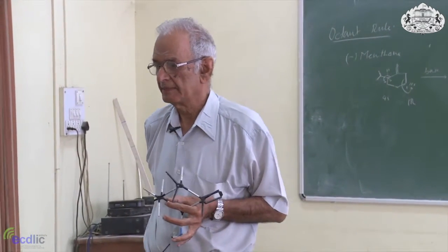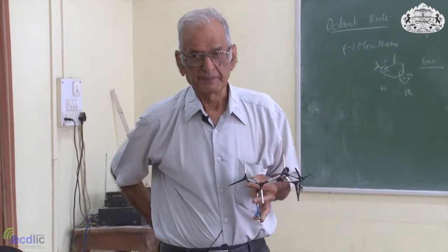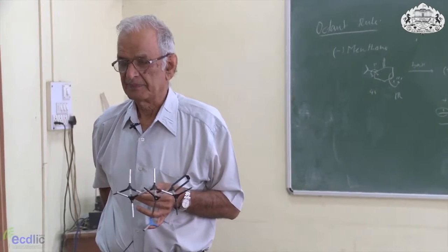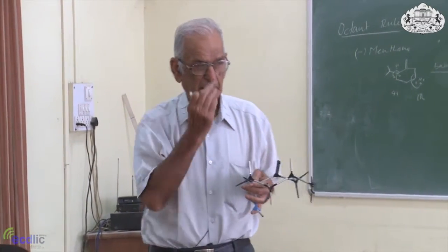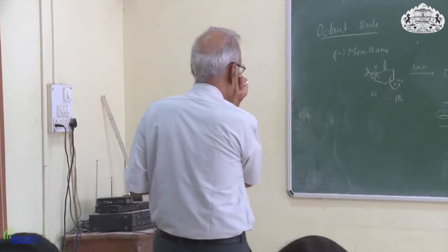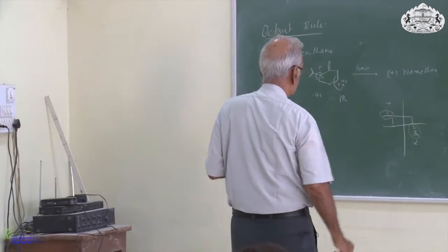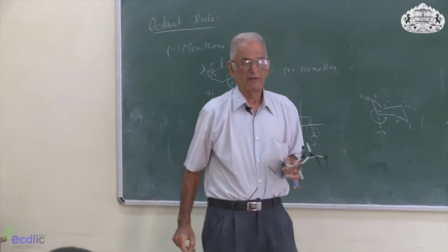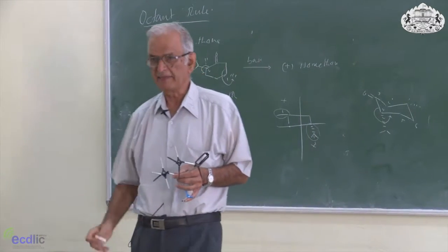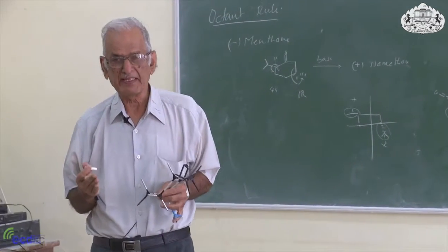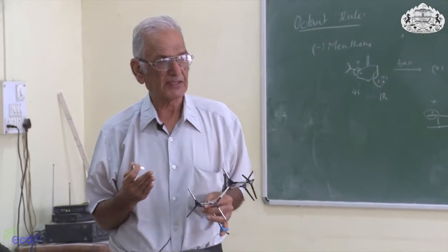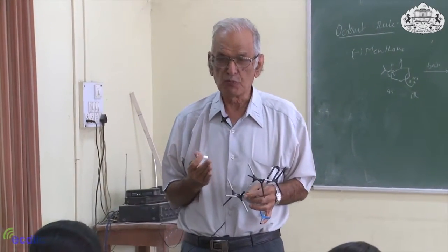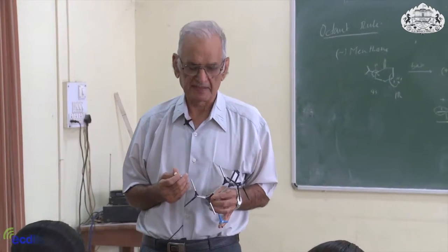What are the questions we have to now answer? The question we now have to answer is this. In a cyclohexane, the difference between equatorial isopropyl and axial isopropyl is 2.1 kilocalories.